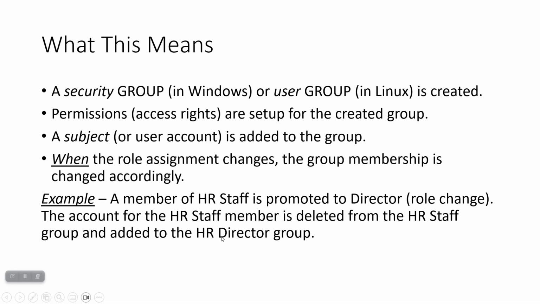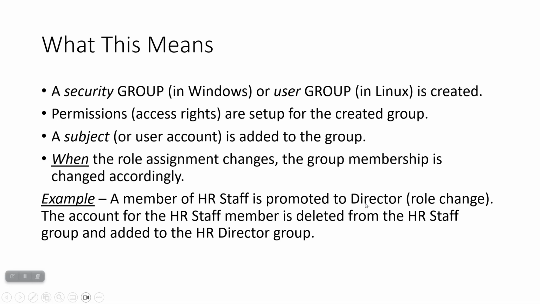So for the example here, we're saying a member of the HR staff. HR means human resources. Let's pretend that they're promoted to HR director. That's a role change. So all we have to do is remove them from the HR staff group and add them to the HR director group.